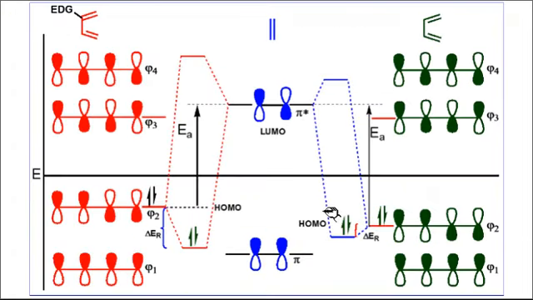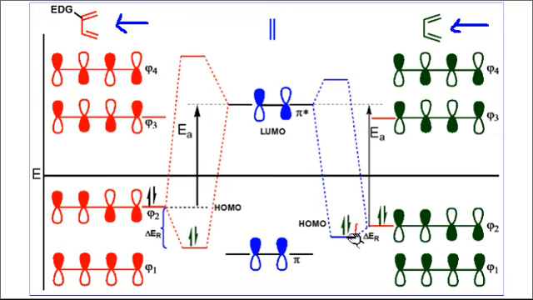Now let us understand this by drawing a molecular orbital diagram. In this molecular orbital diagram, we have fixed the dienophile as ethene and changed the diene. Initially we have taken a normal diene, and then another diene to which we have added an electron donating group. When we react this normal diene with ethene, the molecular orbital diagram is this one.